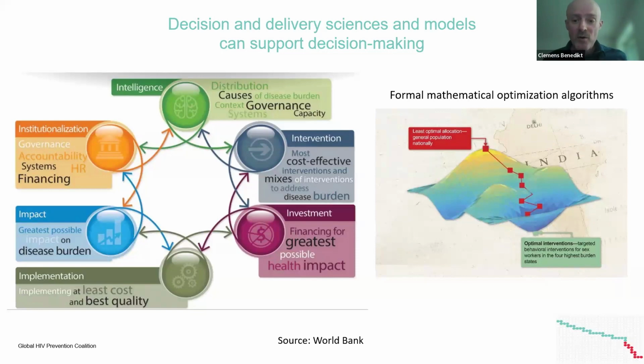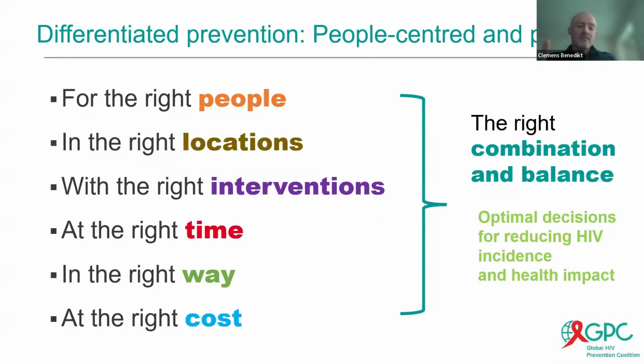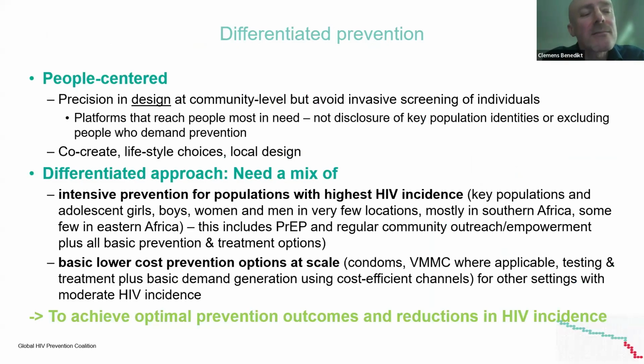And I won't go into detail on this and end on the last slide here, which the next slide is, we can even go to the next one. This one just outlines the dimensions of differentiated prevention. So prevention being people-centered on the one hand. So we don't use this information for excessive individual screening, but use the information on HIV incidence in the design of prevention interventions.